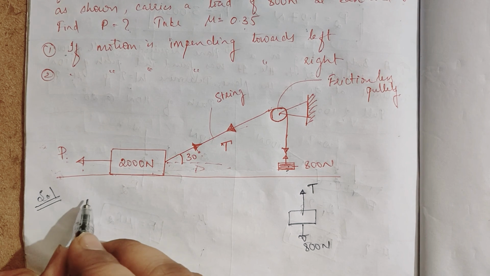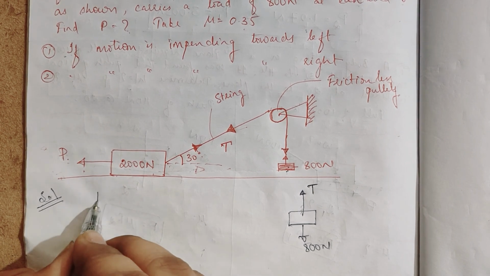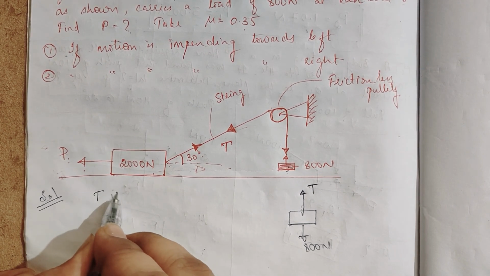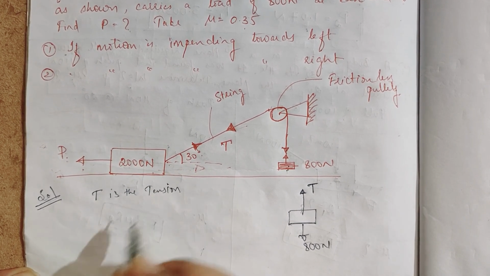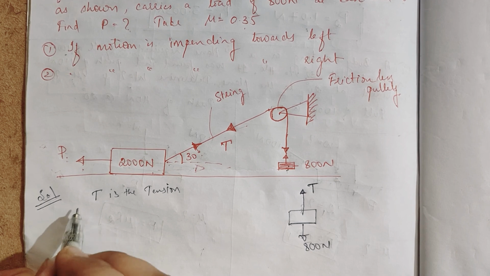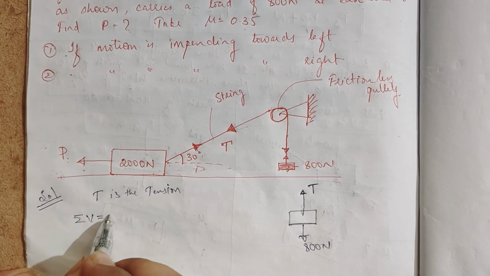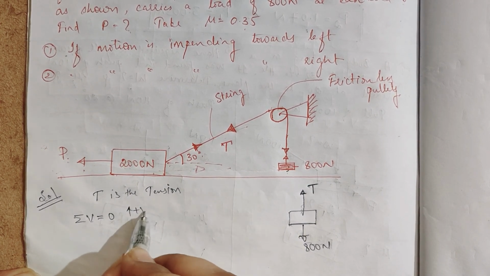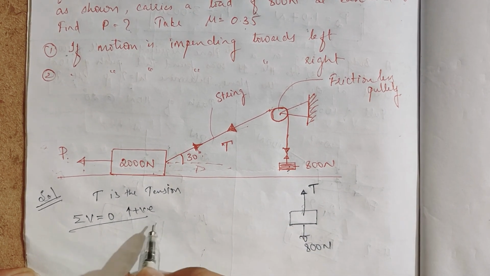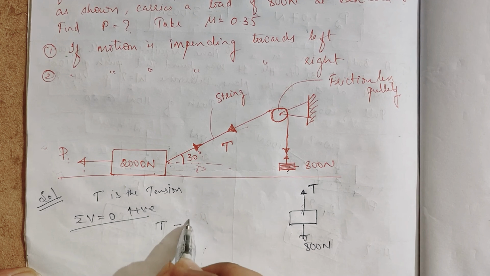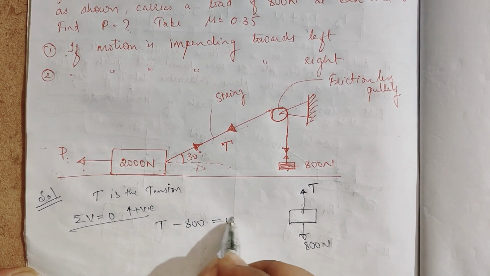Now what we will get, T is the tension, right? Just apply sigma V is equal to 0 taking upward as positive. Sigma H force is not there, only the vertical force, that is T minus 800 is equal to 0.